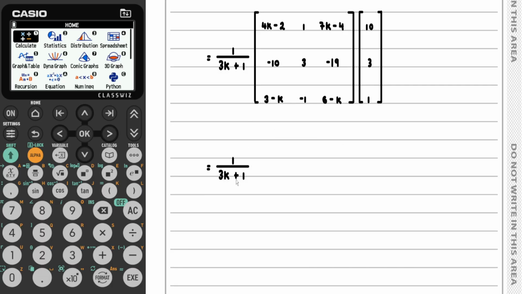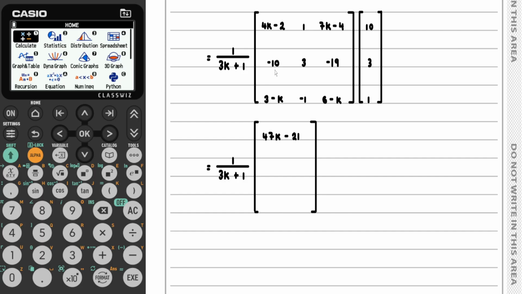So I've got 1 over 3k plus 1, and then I've got 4k subtract 2 times 10, plus 1 times 3, plus 7k subtract 4 times 1, that's 47k subtract 21.